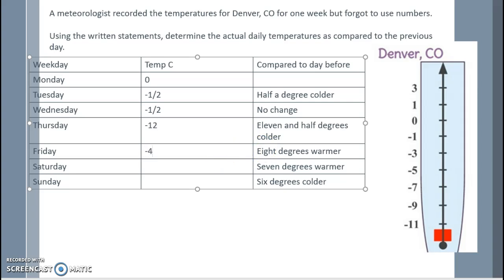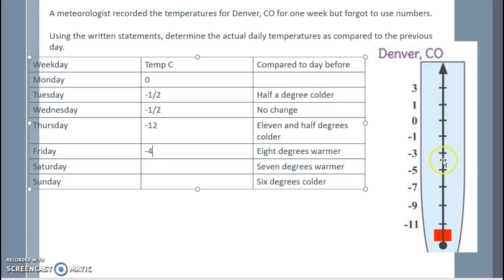On Saturday, it was 7 degrees warmer. So if we're at -4 and it is 7 degrees warmer, 1, 2, 3, 4, 5, 6, 7. So positive. That's why from -1 to 0, it's a whole jump. So bear with me here. All right.